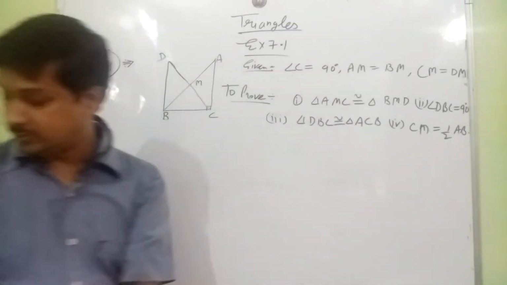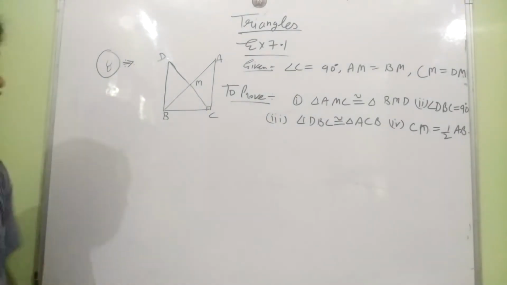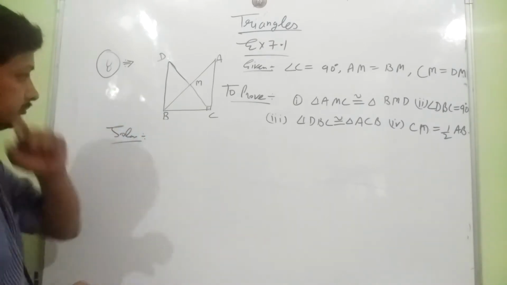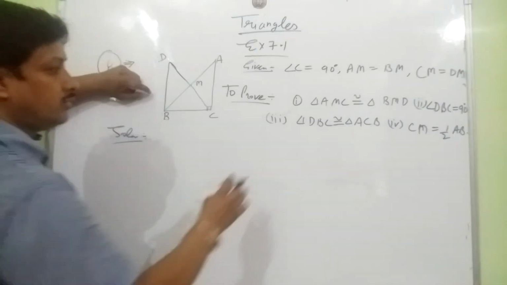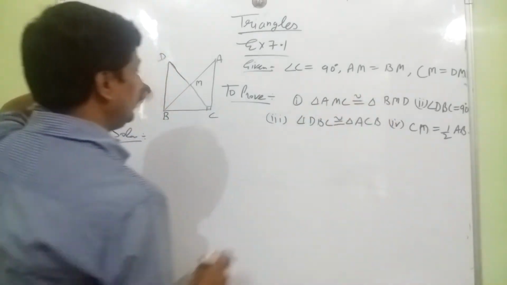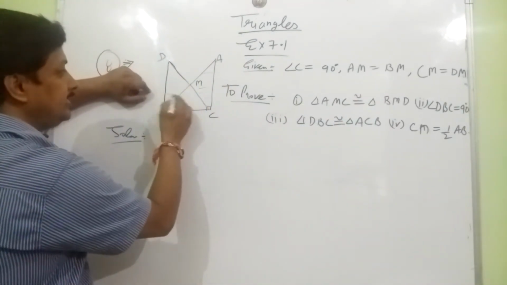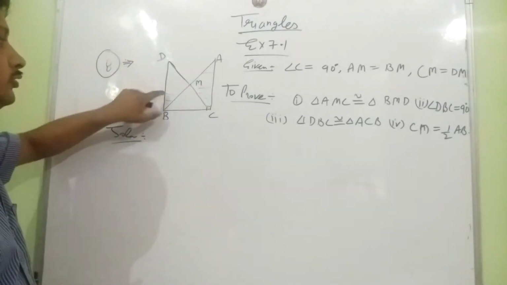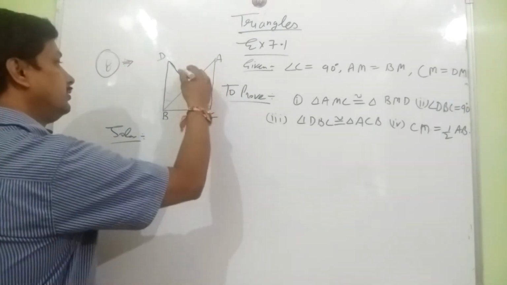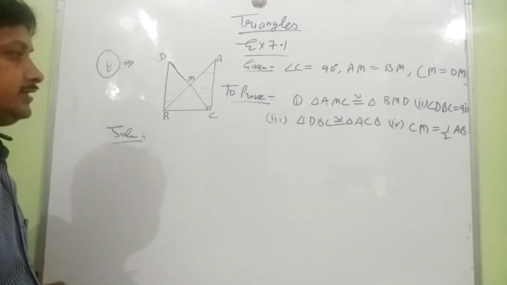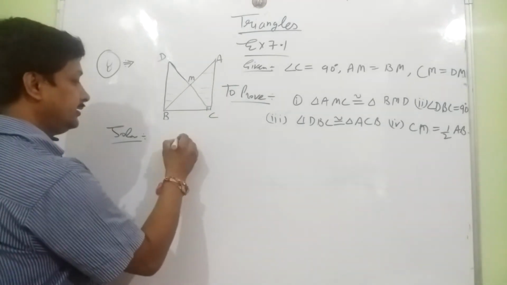So this is a very important question. So its solution or its proof. Students, first of all, triangle AMC and triangle BMD. Triangle AMC is this and triangle BMD is this. What are the three things you can see here? It's very easy.